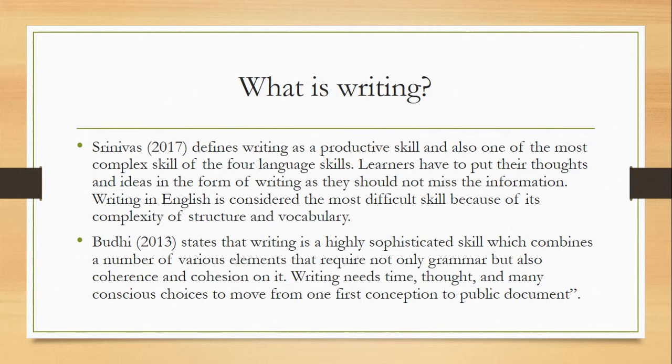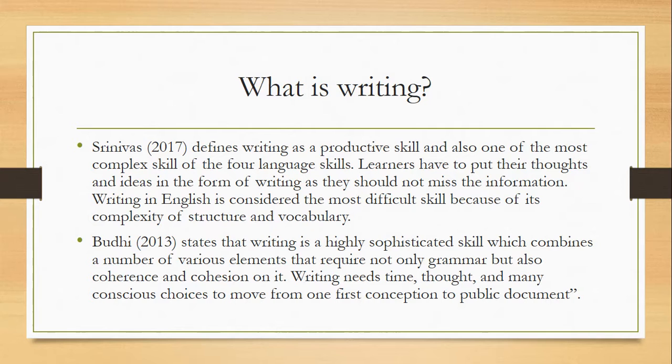Cervantes, 2017, defines writing as a productive skill and also one of the most complex of the four language skills. Learners have to put their thoughts and ideas in the form of writing so that they should not miss the information. Writing in English is considered the most difficult skill because of its complexity of structure and vocabulary.